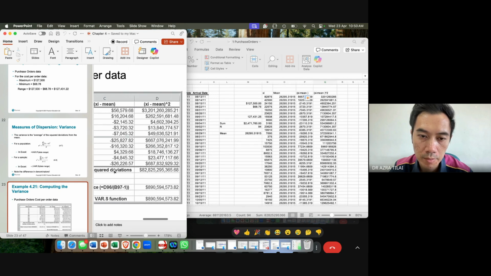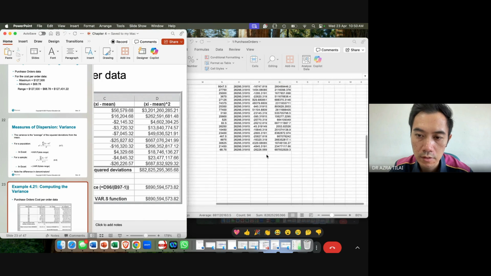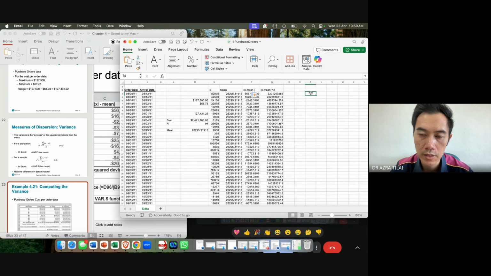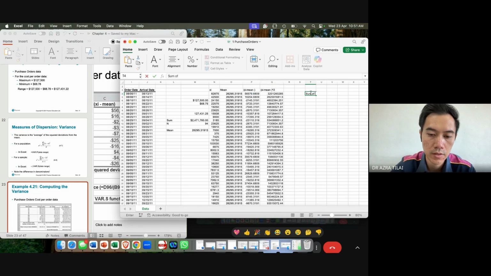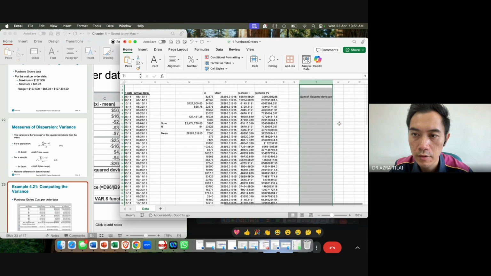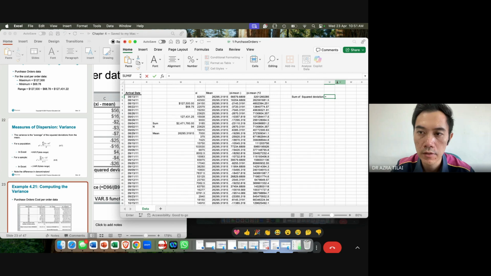So they need you to find the sum of squared deviation, which is this one. Equal sign, sum of this one.